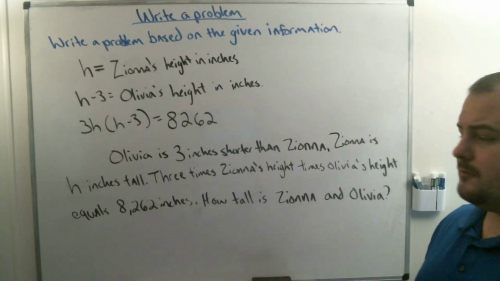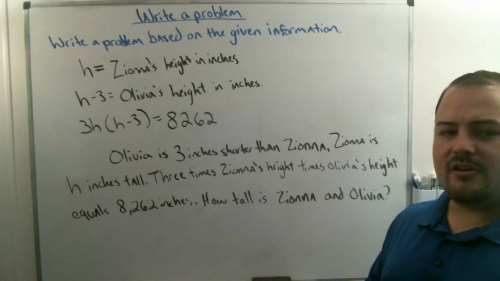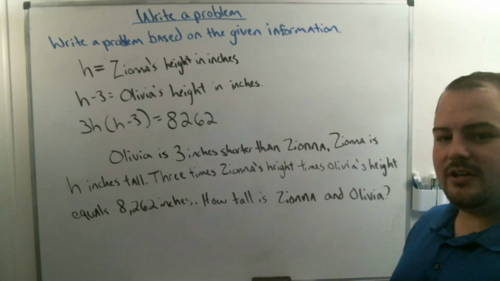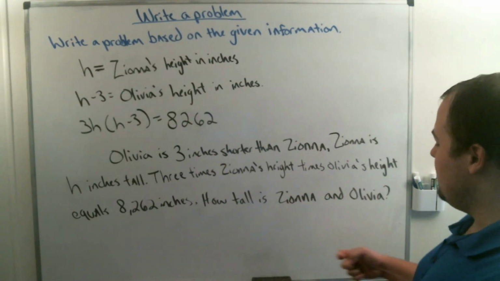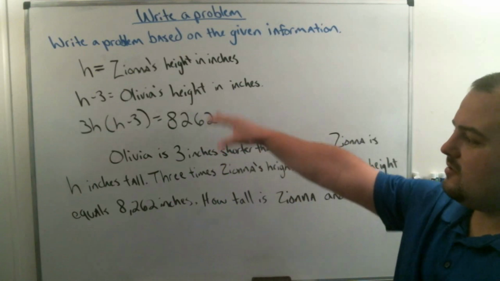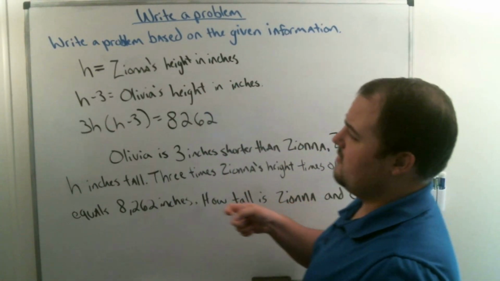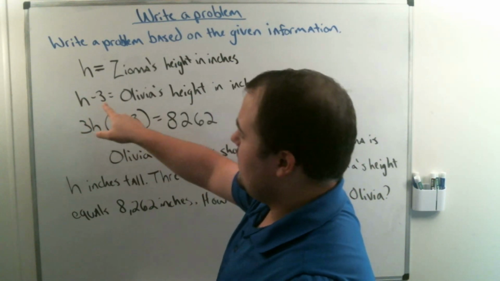So in this problem, I asked the reader, how tall is Ziana? But I also want to know, how tall is Olivia? Because if we know Ziana's height, all we have to do is take away 3 more, and now we have Olivia's height. So I used the information given to write the story problem. Olivia's 3 inches shorter than Ziana, when we know h is Ziana's height.